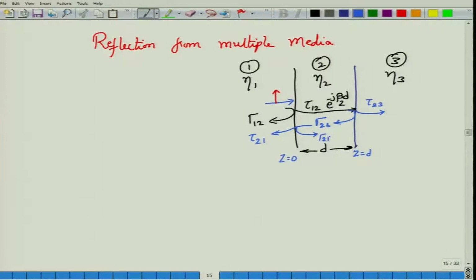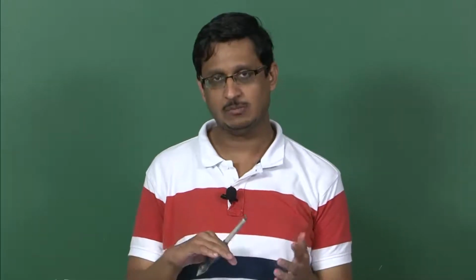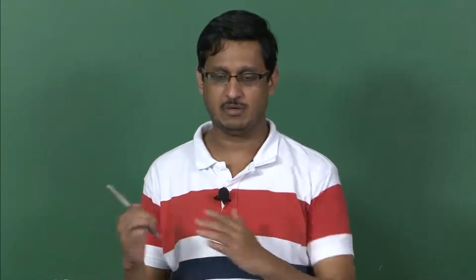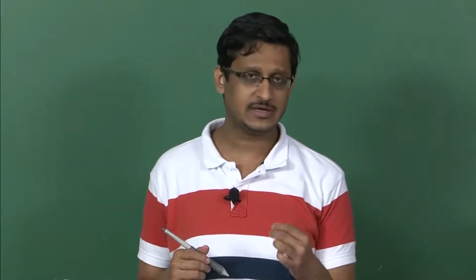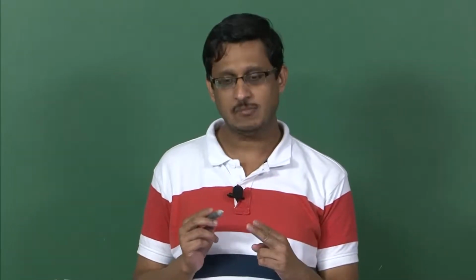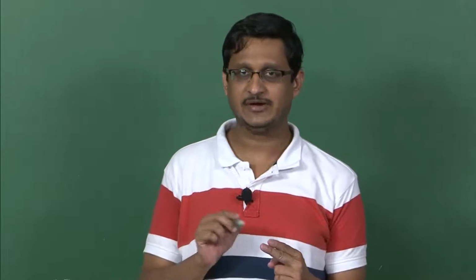The first subscript indicates the second medium, the second indicates the first medium, and this cycle goes on infinitely, because this wave has to travel between the two boundaries an infinite number of times. If you want to find out the overall field that is reflected in the first region, then you have to sum all the partial waves from the first reflection, the second reflection, the third, and so on.